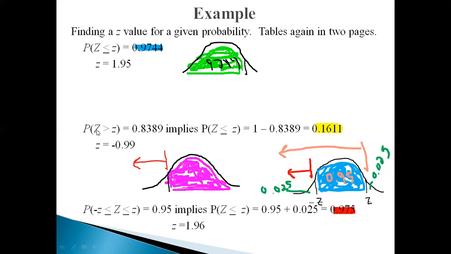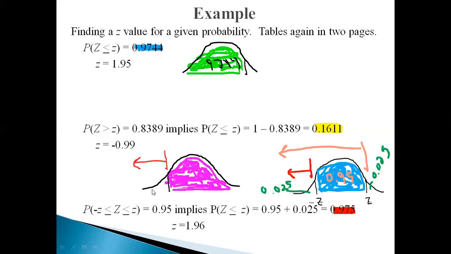Now here we want probability z greater than z, but remember we always want to find in the table p less than or equal to z, so that means we're going to have to take 1 minus that value to get the value we're looking for. Okay, so what we're looking at is, it says that this value up here is 0.8389, but we want what's less than over here.